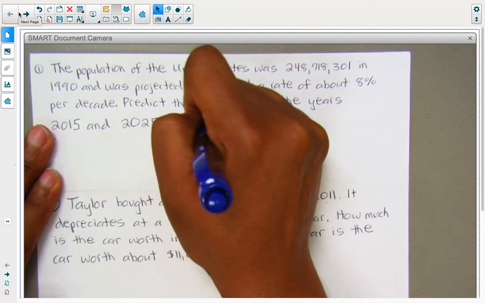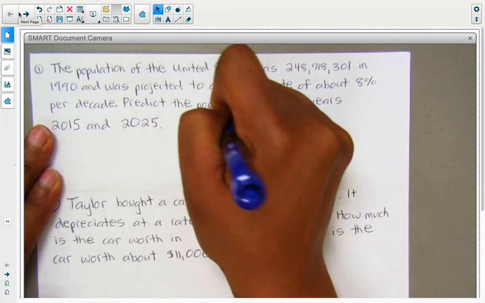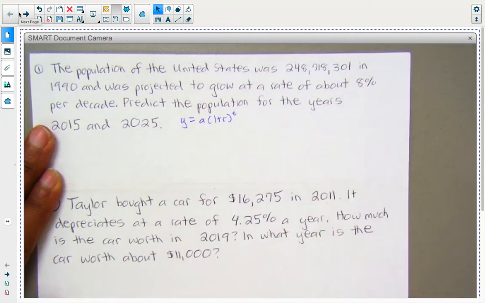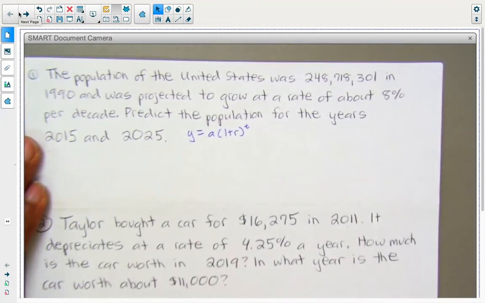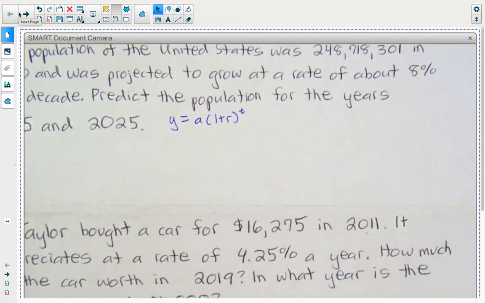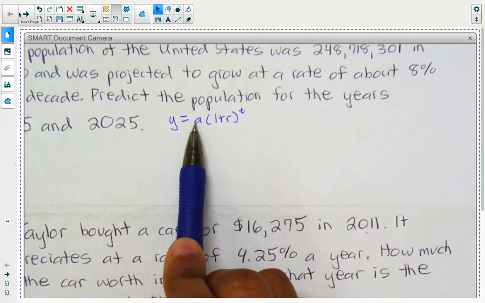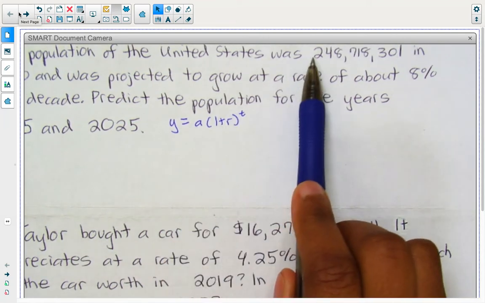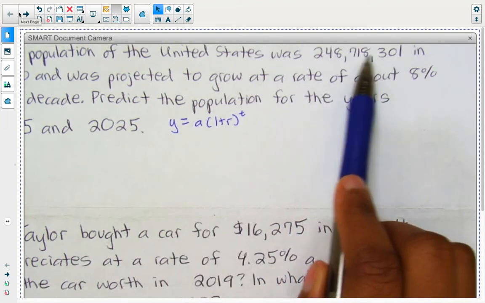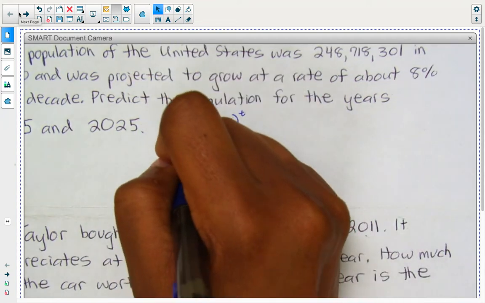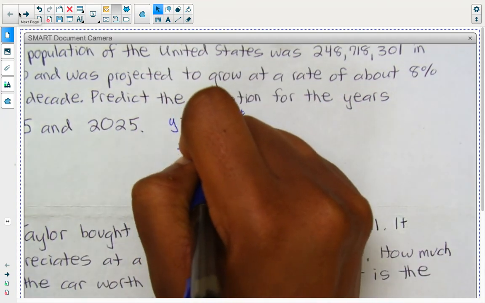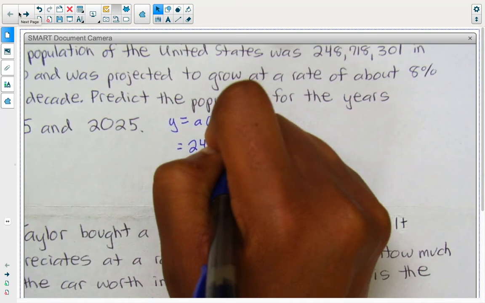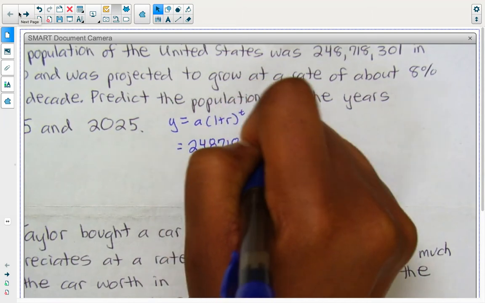So this is our formula that we write down. And we're going to go through and we're going to plug in our numbers where they go. So A is our initial amount. So that's going to be this really big population number that we have right here. So that's going to go in. 248,718,301.